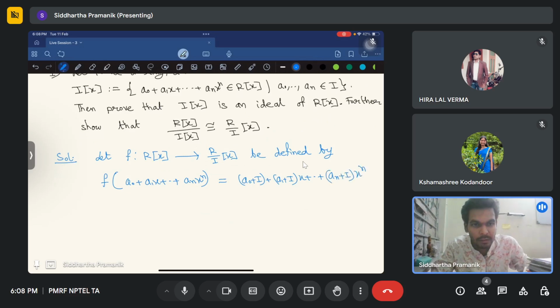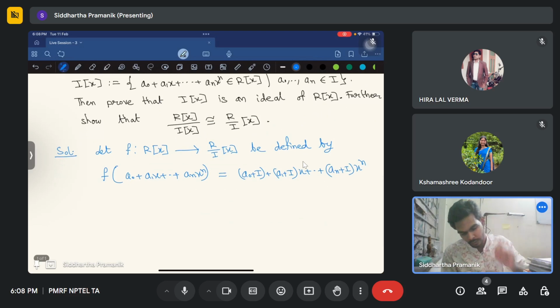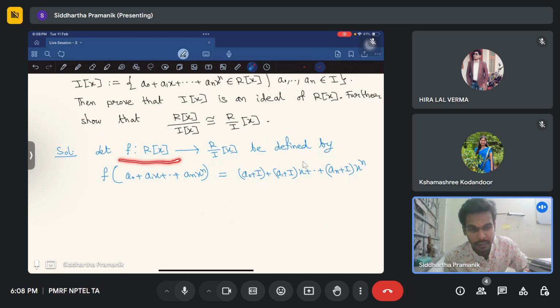This is the natural map which you can define from R[x] to (R mod I)[x], by using the natural map from R to R mod I. So we are just using that map. Now let's prove that this map is a homomorphism. In fact, it is a surjective homomorphism.